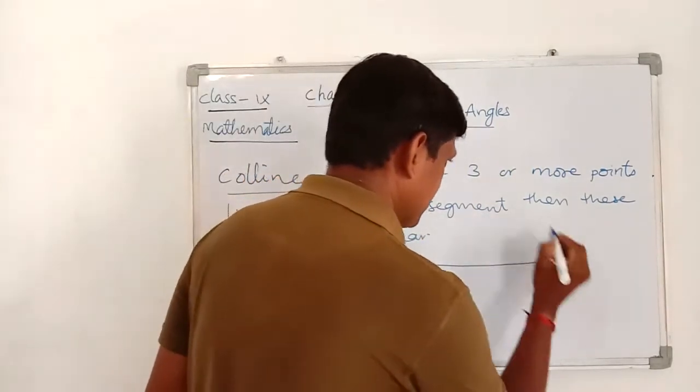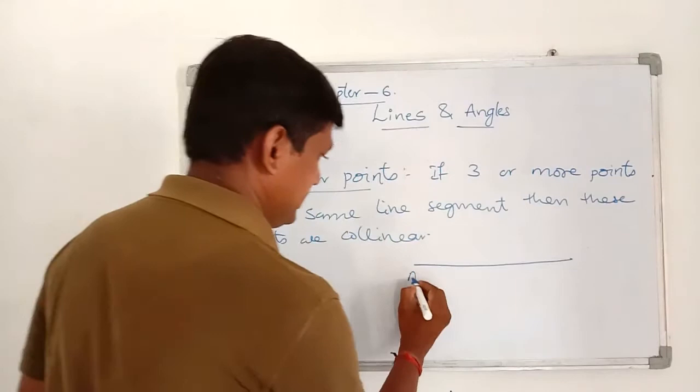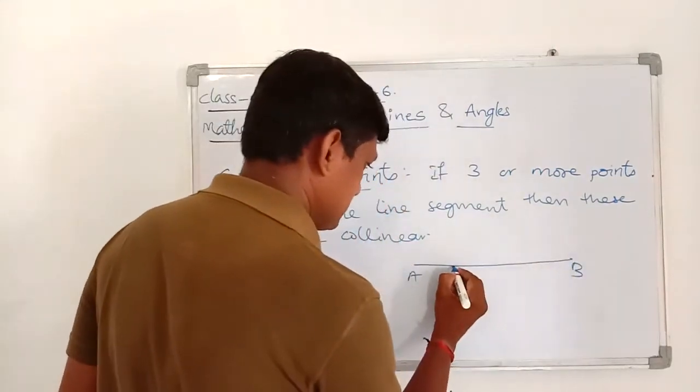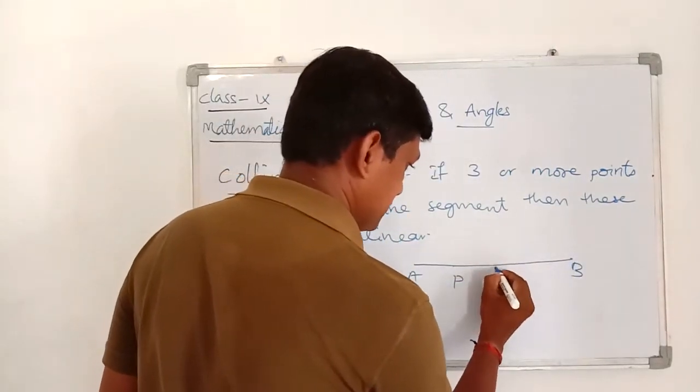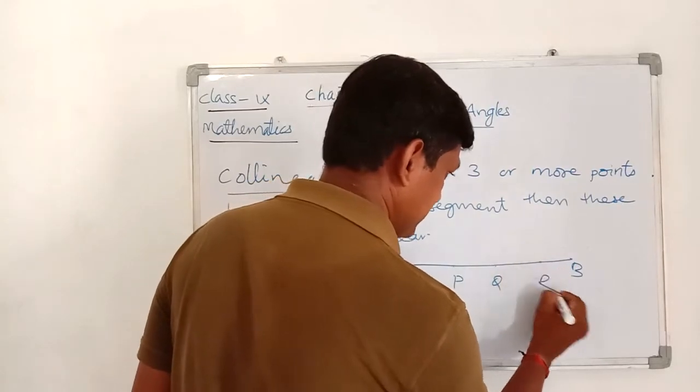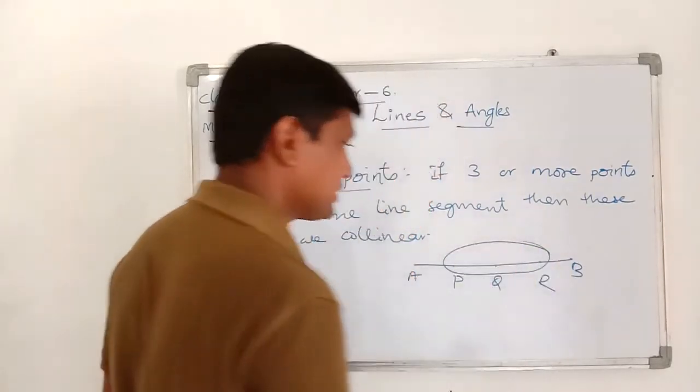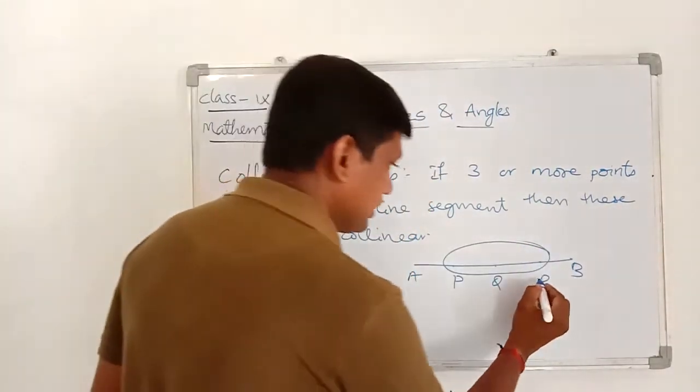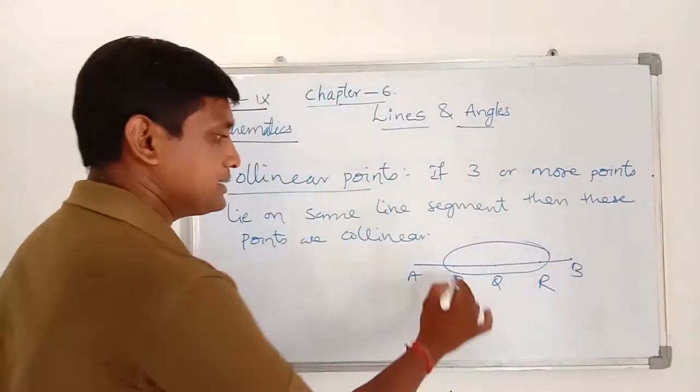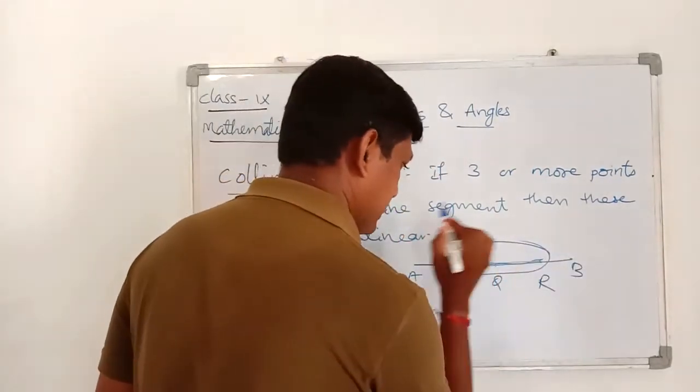Example, I am taking the line segment AB. In this, P is one point, Q is one point and R is one point. These three points are lying on the same line segment, hence these points are called collinear points.